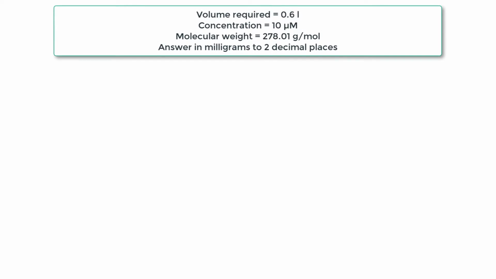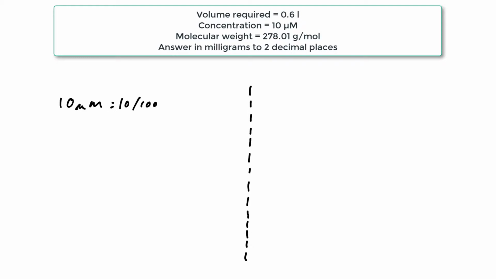Well, there's 2 approaches we can take. We can adopt a sort of walk-through reasoning type approach, or we can use a series of equations. So first, let's look at the walk-through reasoning type of approach. Now, the concentration of the iron sulfate is 10 micromolar.